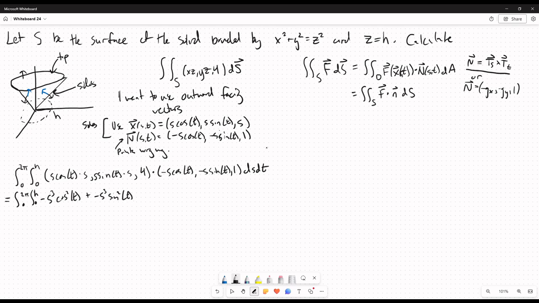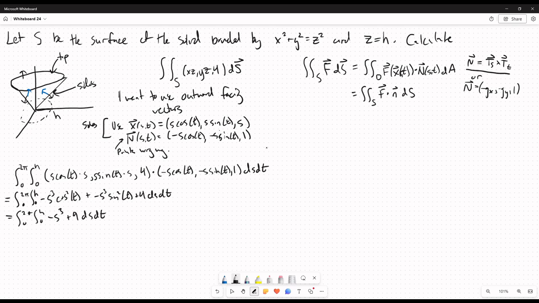And then we'll have plus 4 ds dt, which you might notice just equals the integral from 0 to 2 pi, 0 to h of negative s cubed plus 4 ds dt.